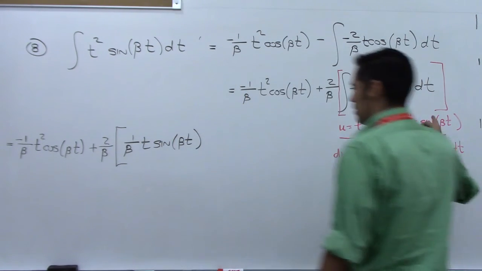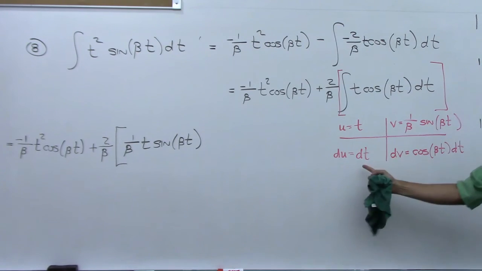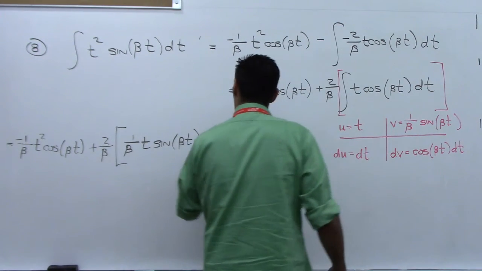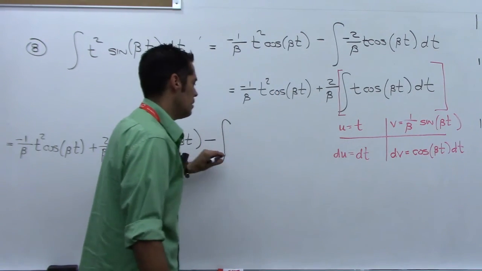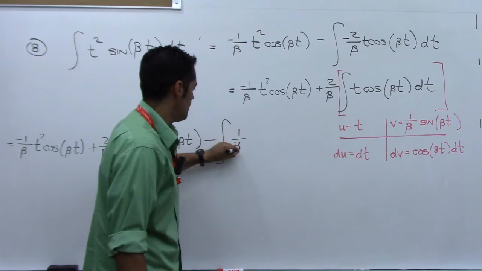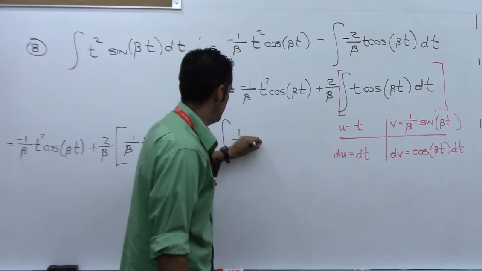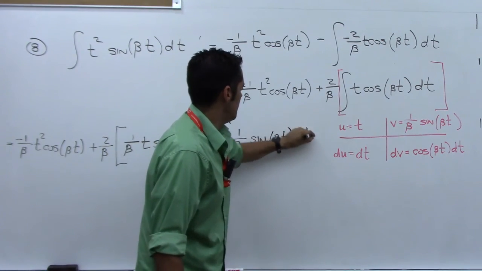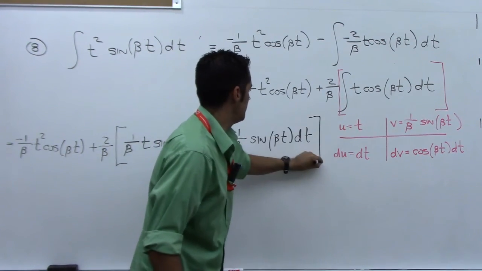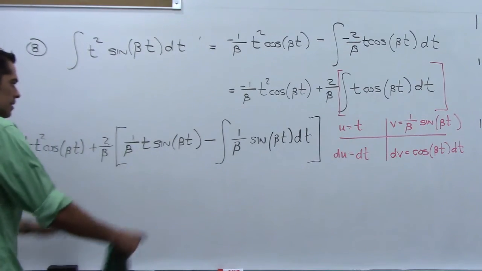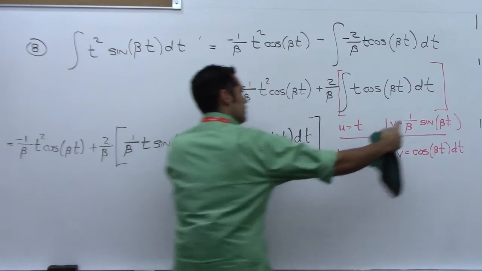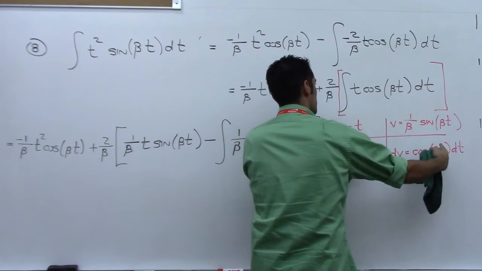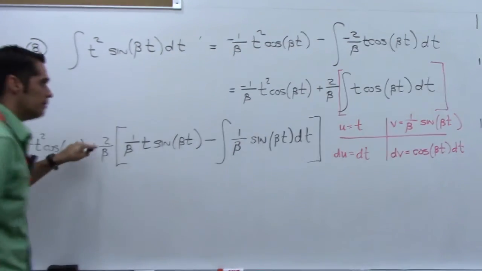And then minus integral of voodoo. So minus integral of voodoo is 1 over beta sine beta t dt. And that's all in brackets. So everything in this bracket is what I got from this, which was a new integration by parts, and I had a 2 over beta out in front.